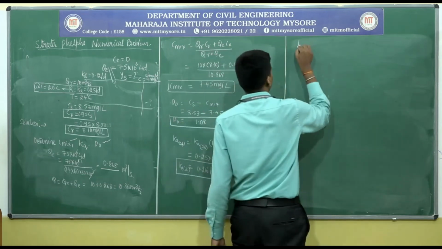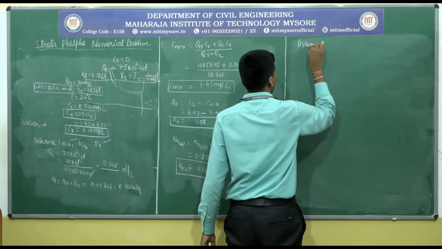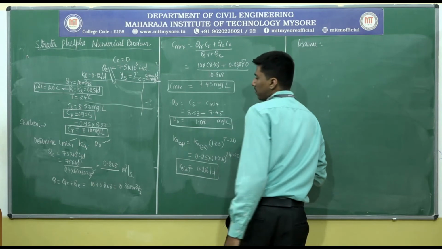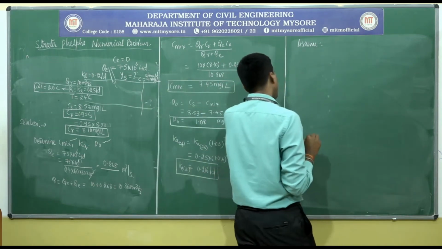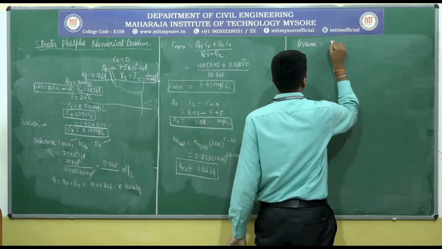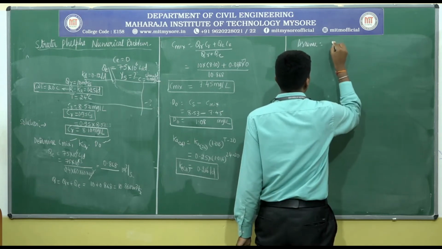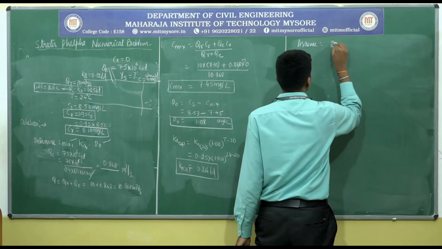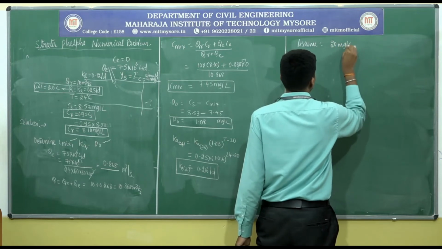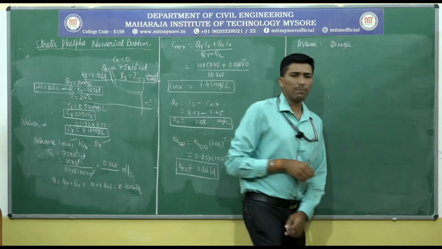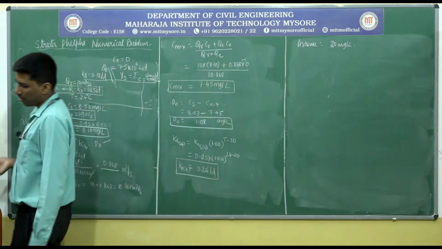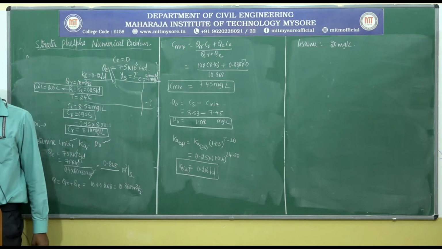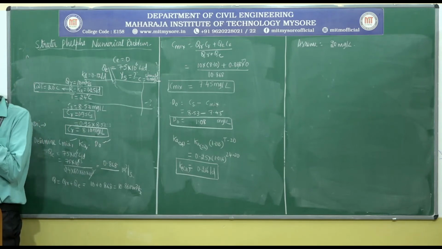Here assume, or sometimes what happens, the KD value or maybe the BOD value will be given, but you need to find it out. Assume the value to be 20 mg per liter, because if I need to find out the ultimate BOD, that is KD L naught, I have to determine it. L naught value has to be taken up here. Without that, it is not feasible.